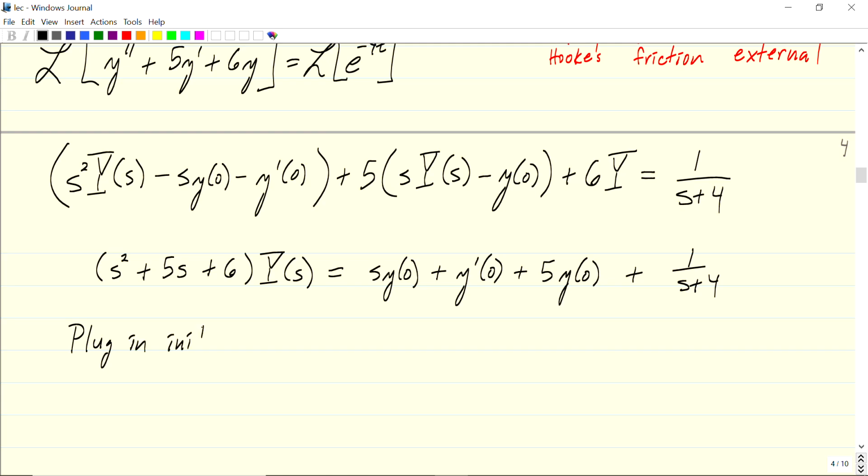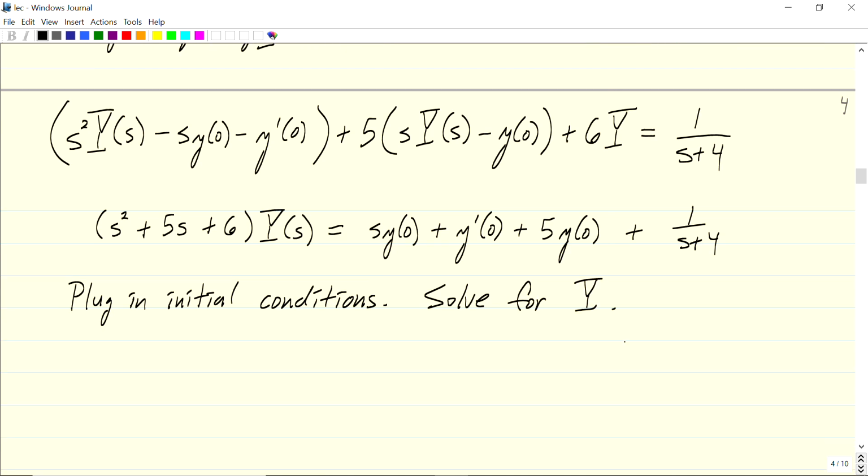That'll put numbers there. Solve for capital Y. And then, the last step, you'll get some simple functions on the right. They're going to look like simple rational functions. That one even factors, and you can do partial fractions and break them down into very simple terms.